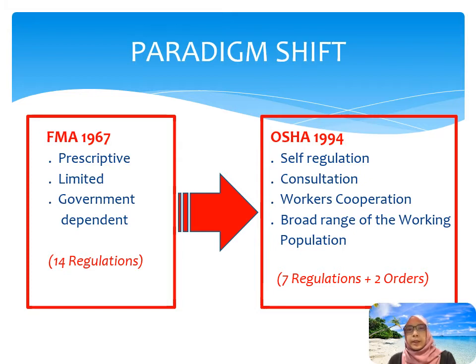On the other hand, OSHA 1994 is more self-regulation, consultation-based, workers' cooperation, and has a broad range of the working population. OSHA 1994 consists of 7 regulations and 2 orders.